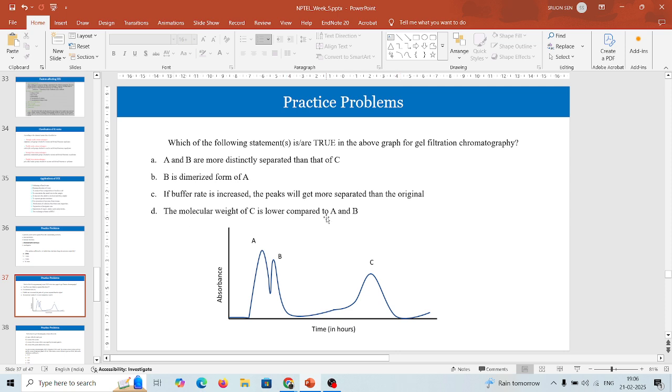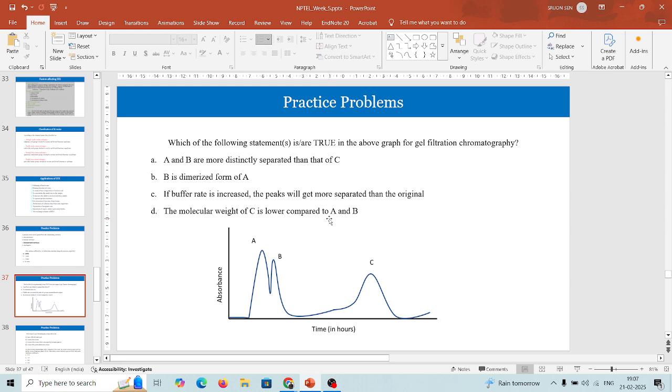The molecular weight of C is lower compared to A and B. D. Yeah.